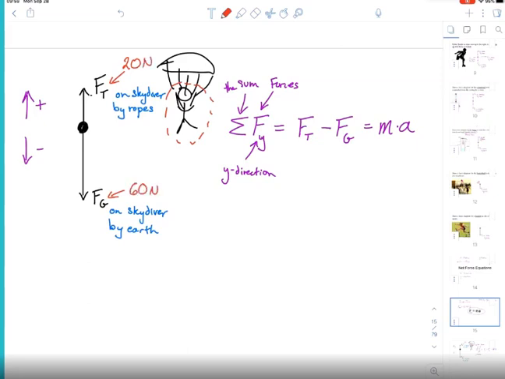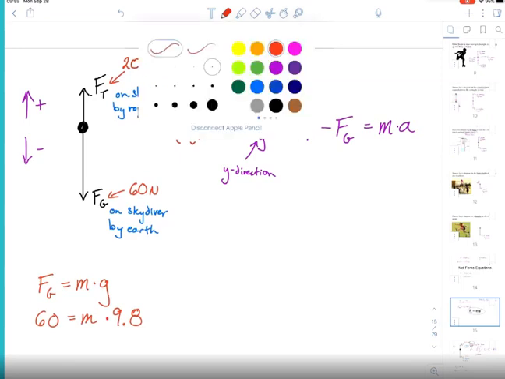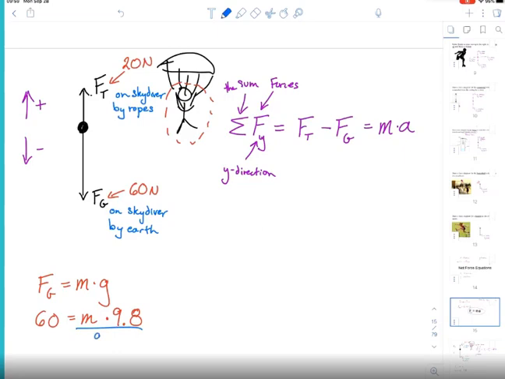And let's say his mass then, we could figure out what his mass is actually, because we know that gravitational force is equal to mass times g. Well, if his gravitational force is 60 and mass, and then g on Earth is 9.8. So I just need to divide both sides by 9.8.